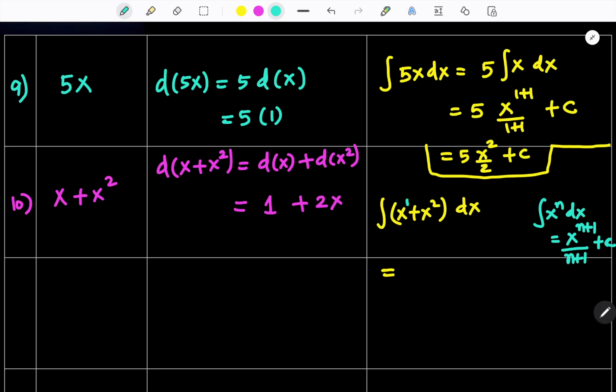Here the power is 1, so this is x power 1 plus 1, which is 2, divided by 2. Plus, what is the power here? It's 2. So x power 2 plus 1 is 3, divided by 3, plus integrating constant c. Right? So these are the basic ideas about algebraic functions, and then exponential functions, and then constants.